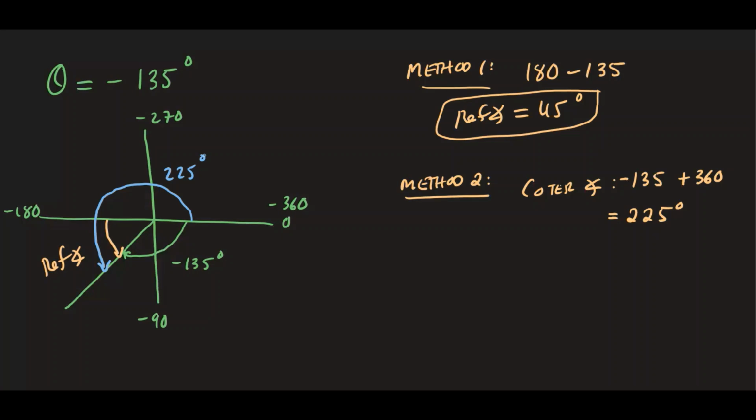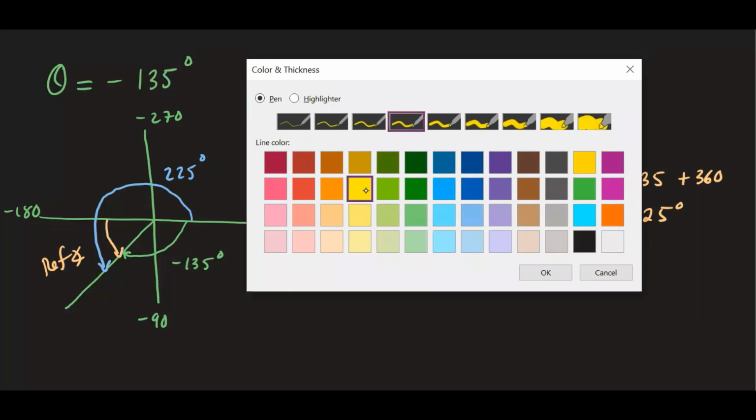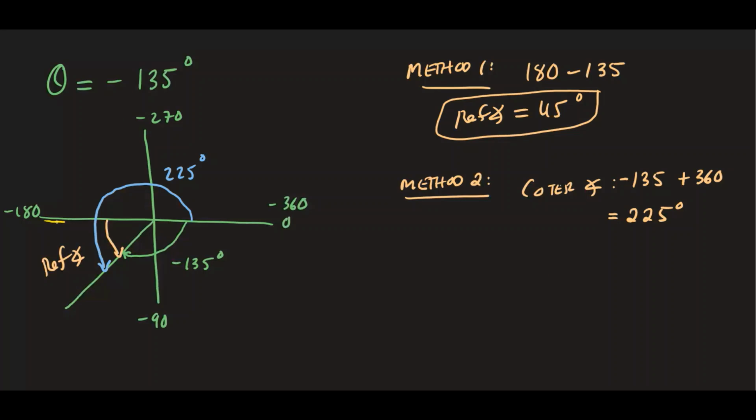Now from 225, we're going to find its reference angle. As we can see, we already know what the reference angle should be, but we're going to check. So this is the reference angle, and let's check if it is 45. In quadrant 3, the reference angle is theta, which is 225, minus 180.